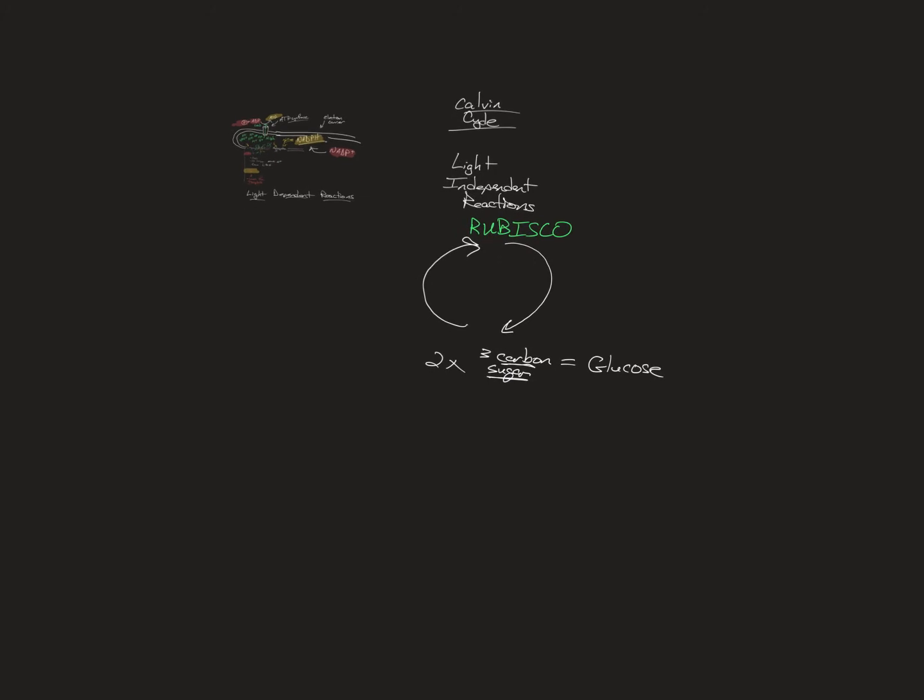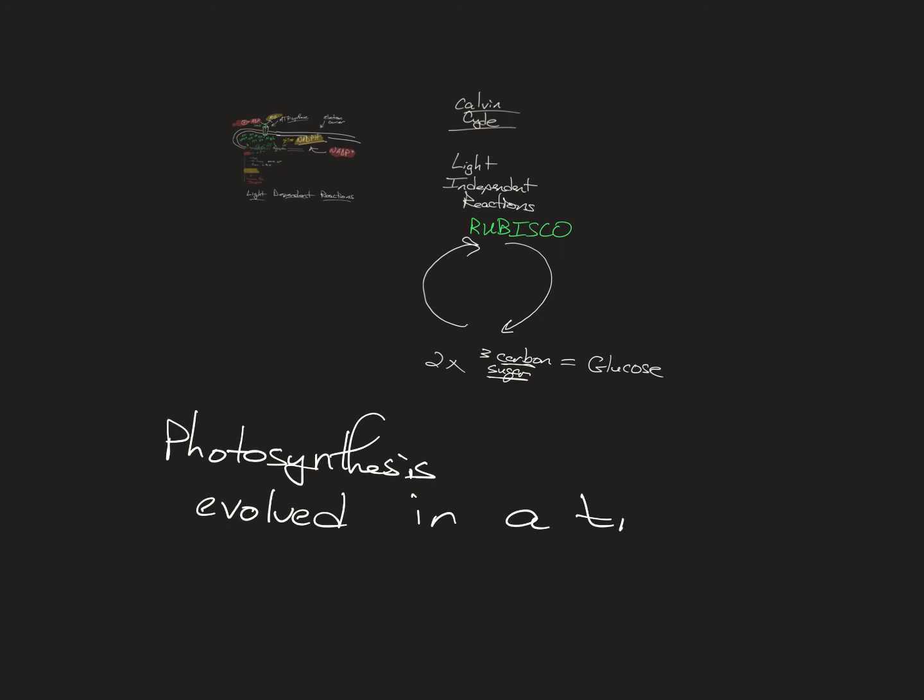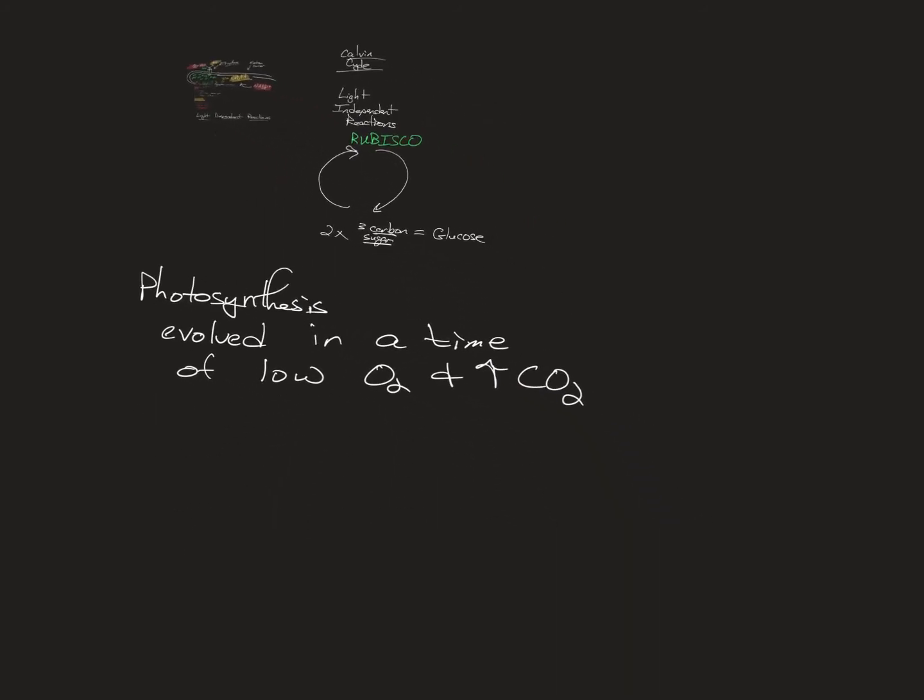Plants, let's be clear, photosynthesis evolved as a process in a time of low oxygen and high CO2. Low concentration of oxygen and high concentration of CO2. So that's an important fact.